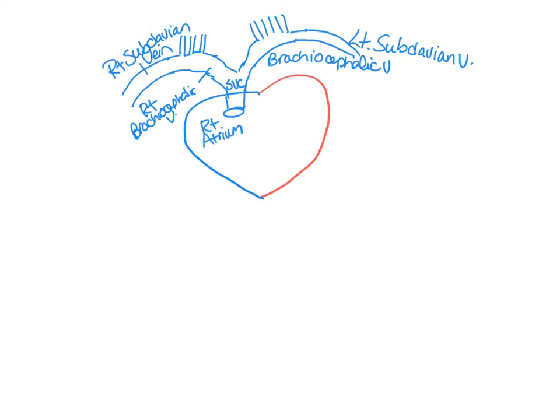All right, so we have these lymphatic vessels that are going to drain into the subclavian veins. There are two major lymphatic vessels. One of them drains into the right side, and that lymphatic vessel is called the right lymphatic duct.